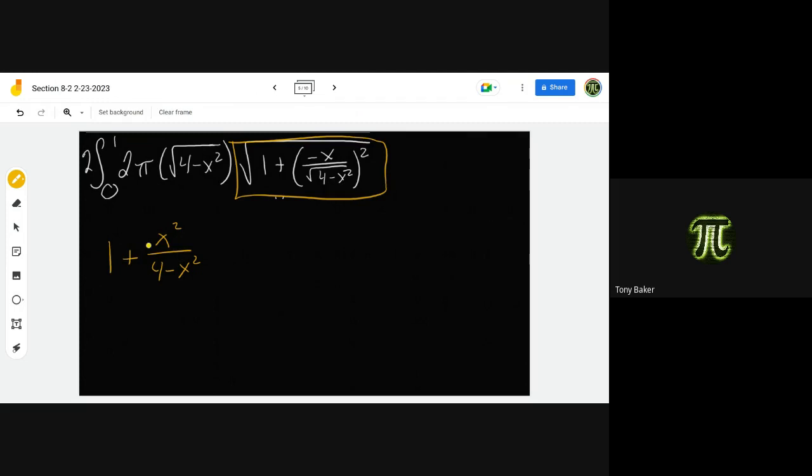Now let's take this and get it as one fraction. This is where all that algebra comes into play and how to manipulate things. So I have 4 minus x squared plus x squared, all over 4 minus x squared, which ends up being 4 over 4 minus x squared.